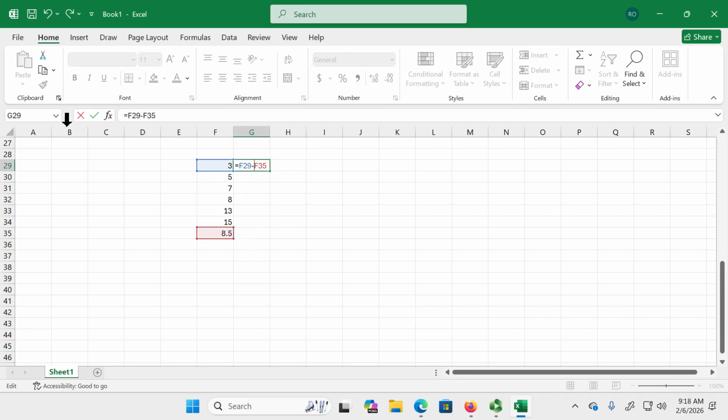So go in your formula, and in front of the letter for the column, put a $ sign. Then move over in front of the number for the row and put a $ sign. And now I've got whatever's in this cell minus whatever's in that cell. And when I copy it, it's going to do whatever's here minus that, whatever's here minus that, and so on.